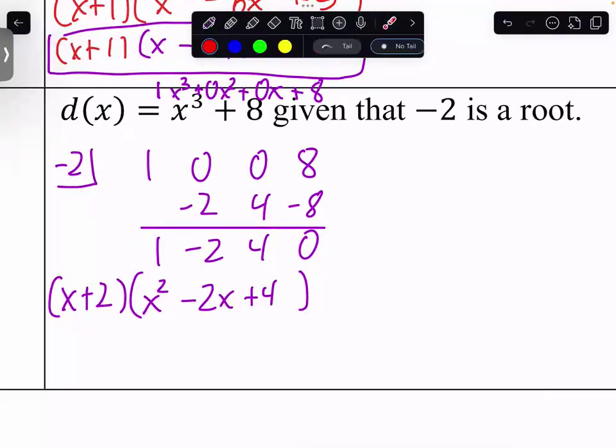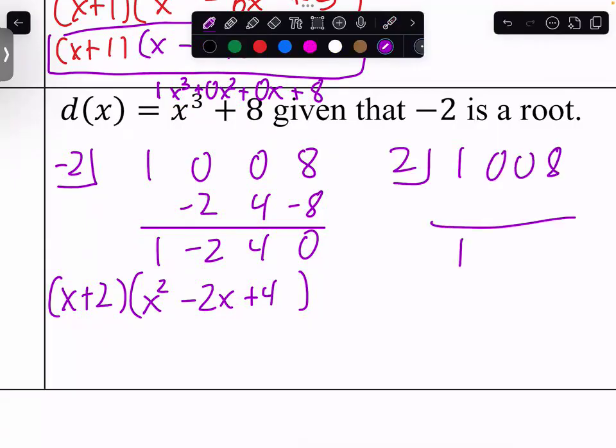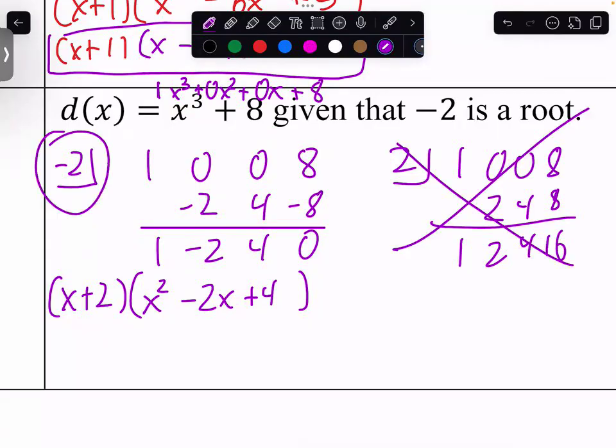Okay, so here is how you would factor this sum of cubes. Again, you recognize that 8 is 2 cubed. You can try 2, but 2 is not going to work, right? If you try 2, everything's positive, so everything's just going to get bigger. So positive 2 doesn't work, but negative 2 does work. And then from there you can factor the trinomial. Now, can you split this one up further? You can try, but it's not going to work.